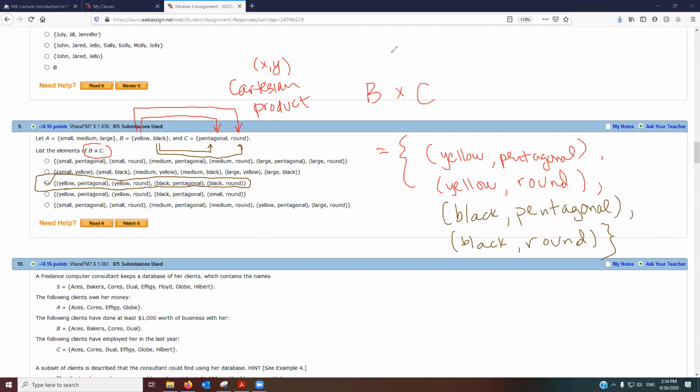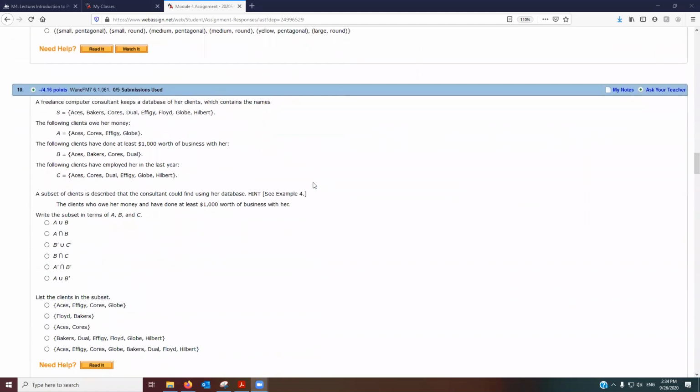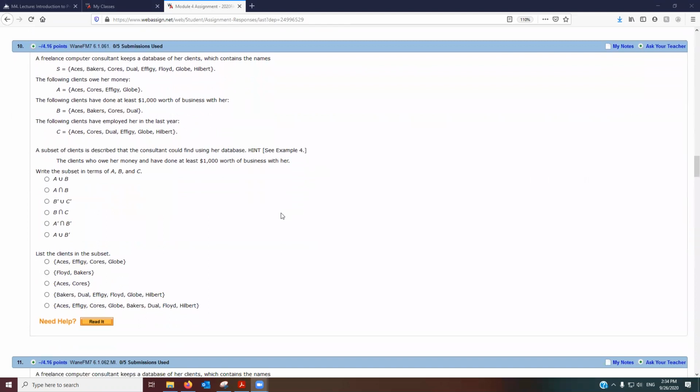Let's see if there's any other examples here that we might want to look at. What if we look at number 10 here? This is a little more involved, but let's look at number 10.